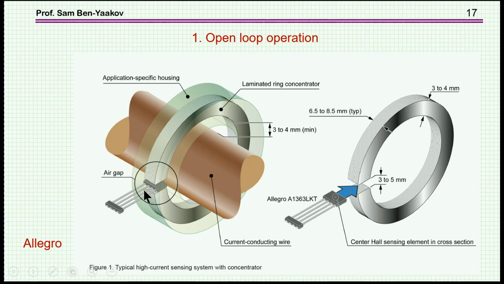Shown here is just the same thing, with a housing just for protection and the element inside. Shown here is a laminated core, made of sheets of steel which are separated. This is to avoid eddy current. I'll talk about it later on.